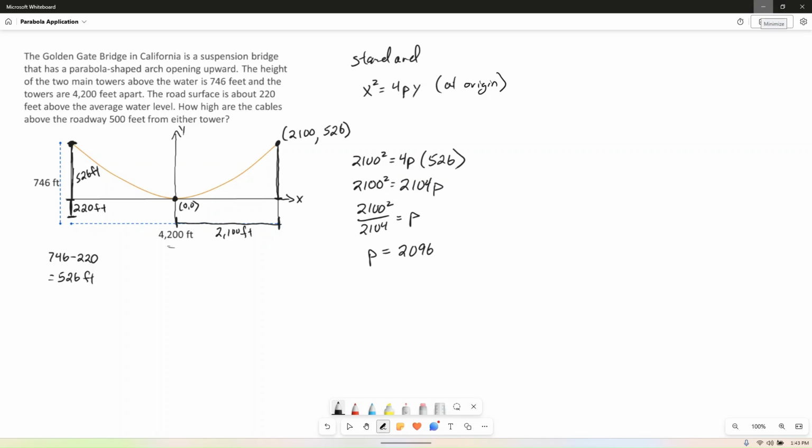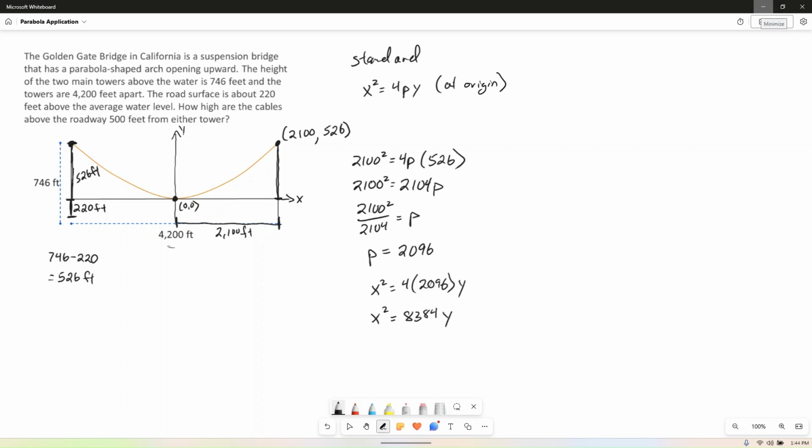So to write out our equation, I'm going to have x squared equals 4py, and I know p is 2,096. So we're going to have x squared equals 4 times 2,096y. And if I take 2,096 times 4, we'll have x squared equals 8,384y.